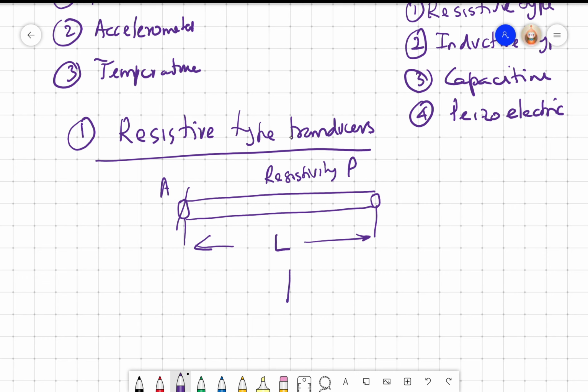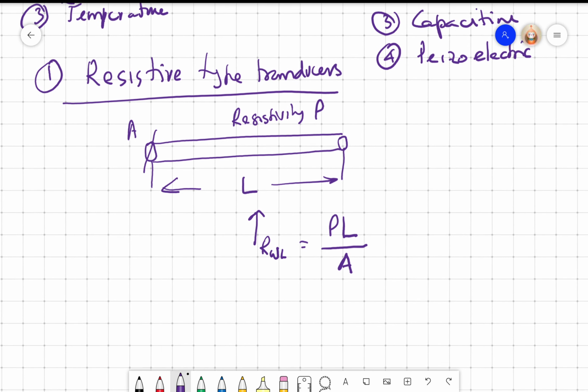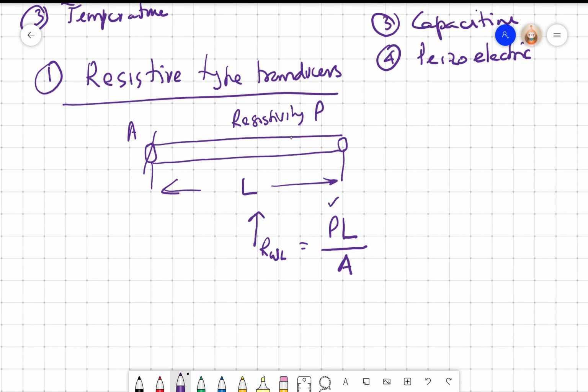So the resistance of a wire of length L, we have already learned this, is rho L by A. So now I can use rho, I can use length, I can use area to change with respect to my physical input, and hence get a transducer.